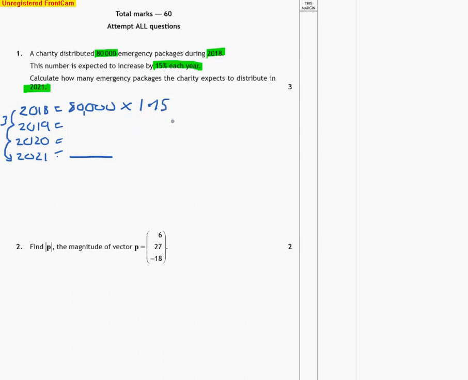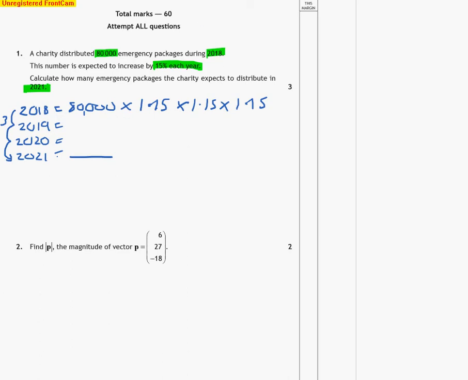If you think about what we're doing, we're taking this number and timesing it by 1.15 to get a number, then times it by 1.15, times it by 1.15, and that gives a final answer. So you're timesing it by 1.15 3 times. You're not timesing it by 1.15 and times it by 3, but you're timesing it by 1.15 3 times.